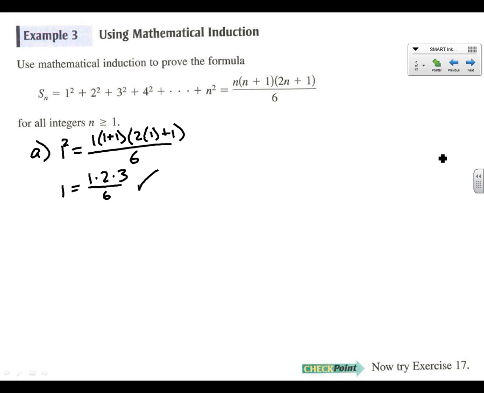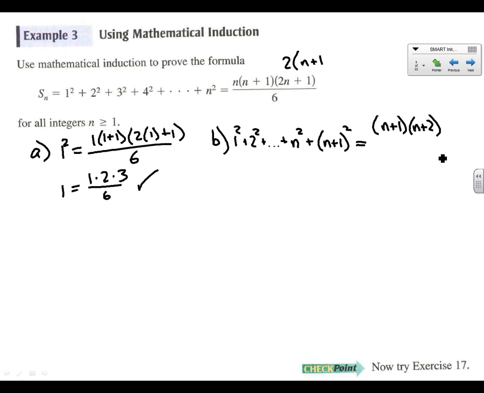Let's do the n plus 1 case. So 1 squared plus 2 squared plus dot dot dot n squared plus, we've got to add on the n plus 1 squared case. Does that equal, change all your n's to n plus 1s, n plus 1, n plus 2, 2 n plus 2 plus 1, so 2n plus 3, all over 6.